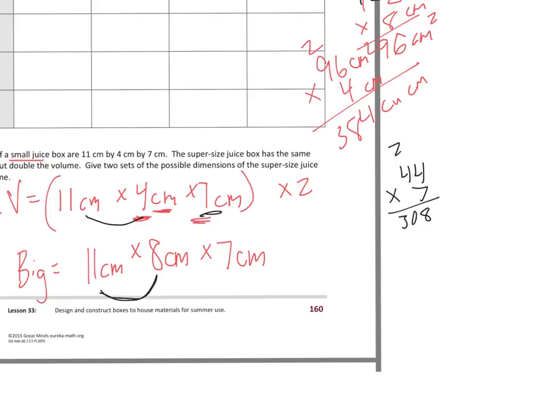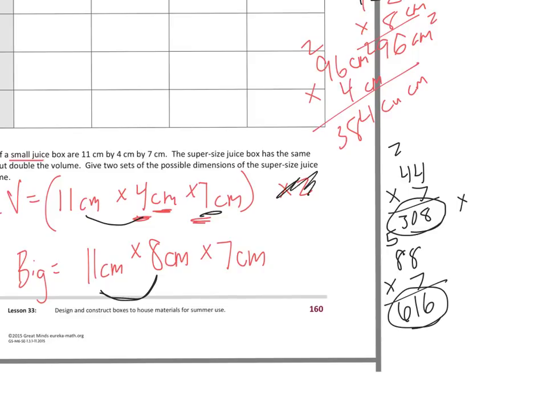For this one, I know 8 times 11 is 88, and I'll multiply that by 7, and I get 616, and this one is 308. If I take 308 and multiply it by 2, I'll get 616. So this is one set of possible dimensions.